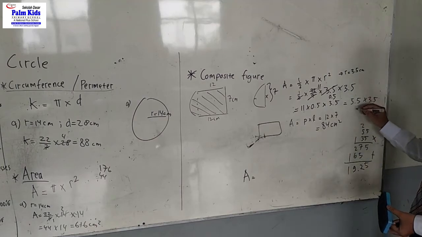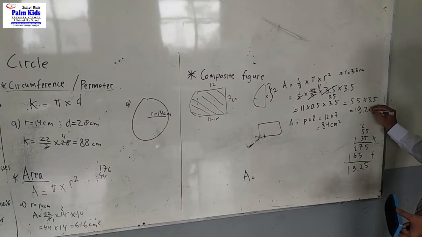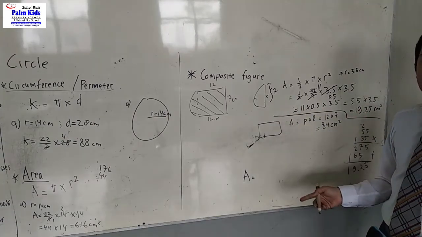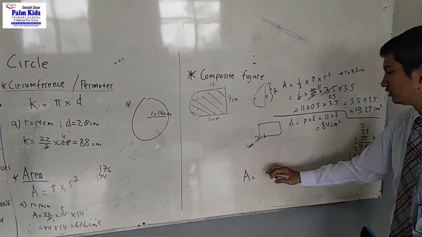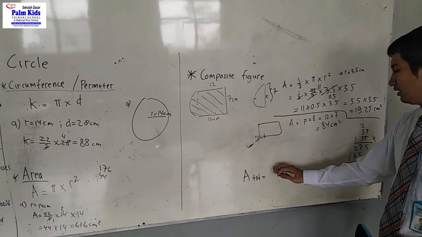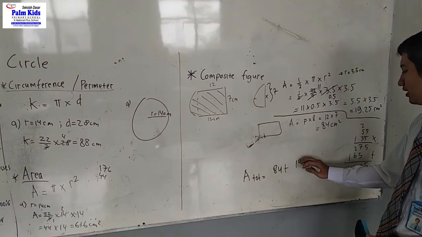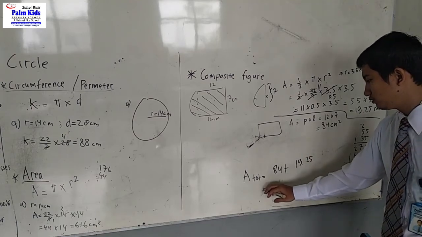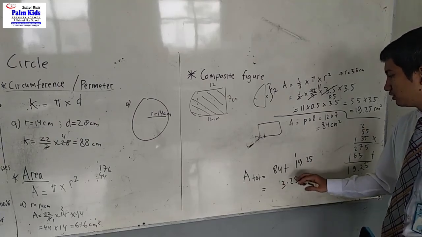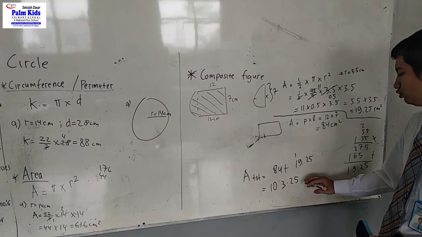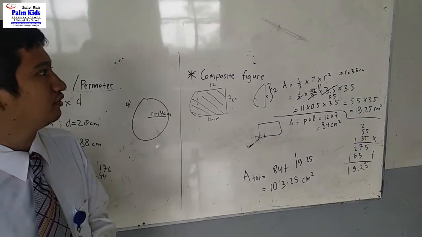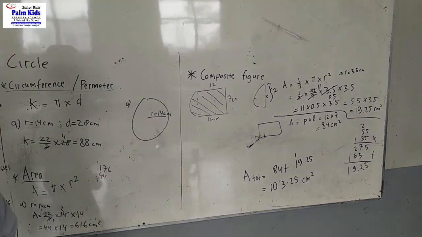So it is 19.25 centimeters squared. Now we have two areas, the half circle and the rectangle, and then you just need to add them. The total area is 84 plus 19.25 equals 103.25 centimeters squared. Okay, class, that's all the review about composite figures of a circle.